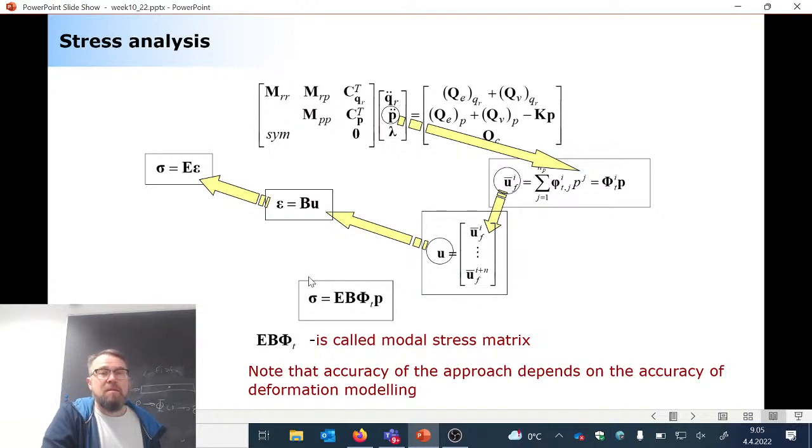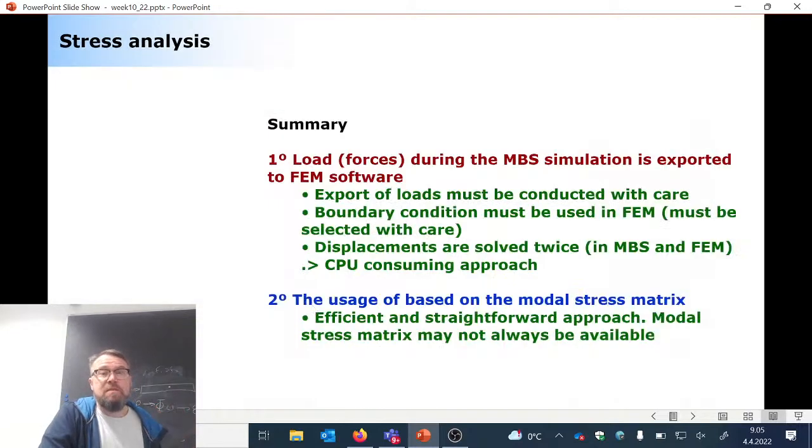Simple like that. Very sophisticated, very efficient, beautiful method. But it's not so easy to use, in the sense that you need to make sure that your deformation is correctly described, because if not, then of course the stresses are not correct. That is the disadvantage associated with this approach.